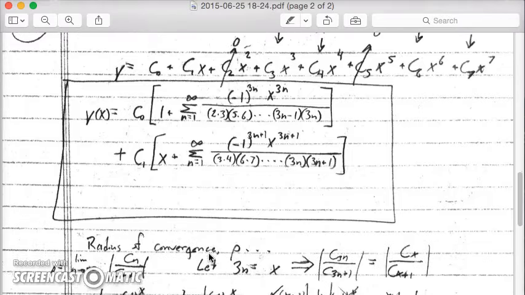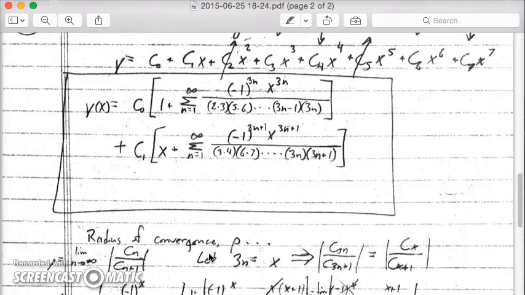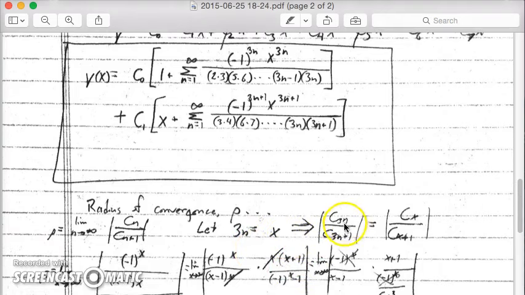And so my theory was, let 3n equal x. And so then here, what we are given, we get this relationship here, which is very similar to that.